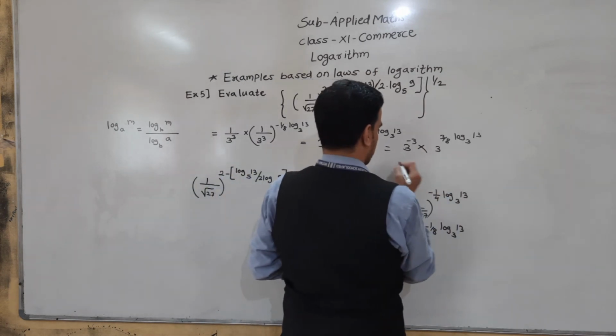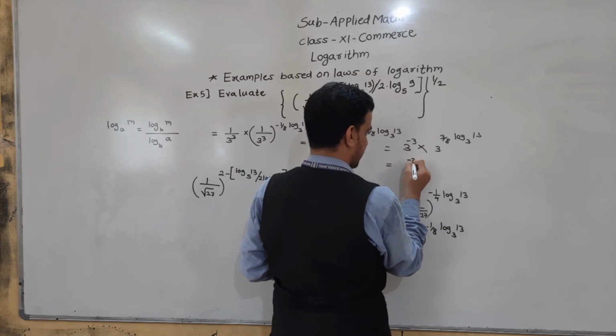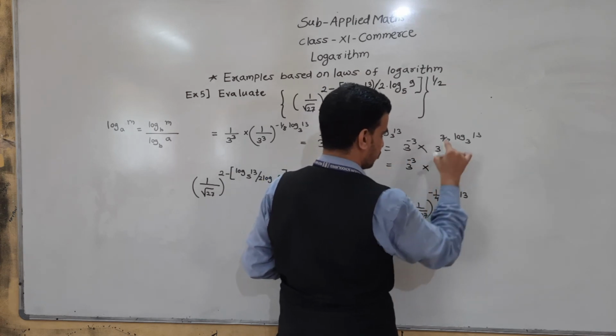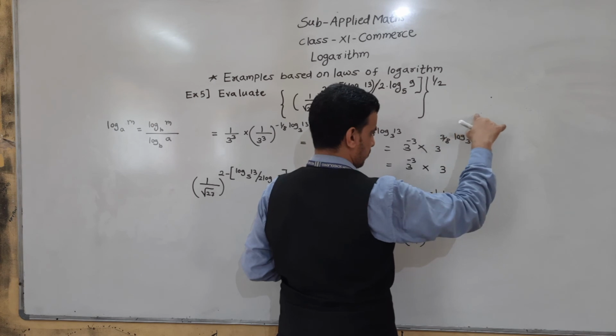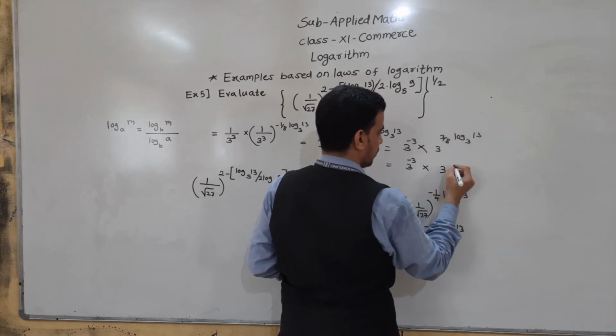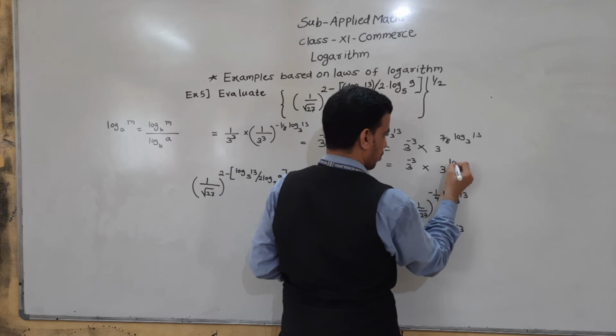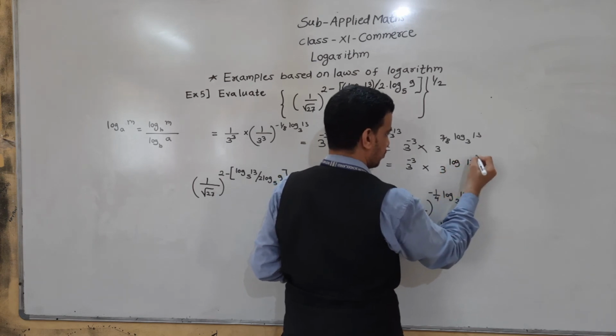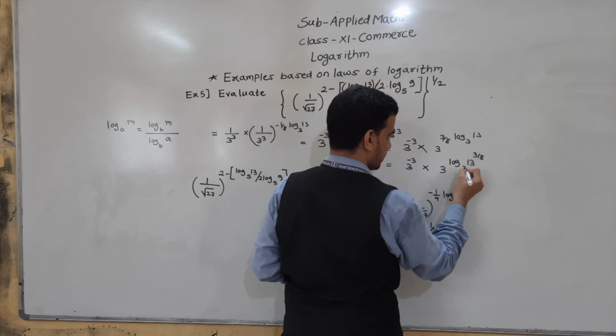Or we can further simplify 3 raised to minus 3 into 3 raised to, this becomes the power of the argument, so 3 raised to log of 13 raised to 3 by 8 to the base 3.